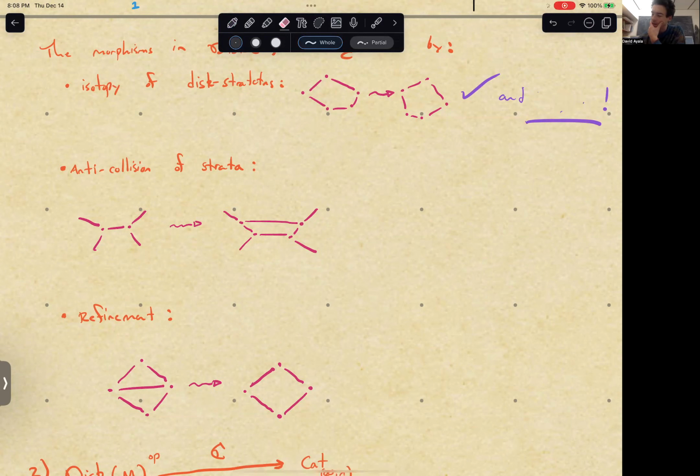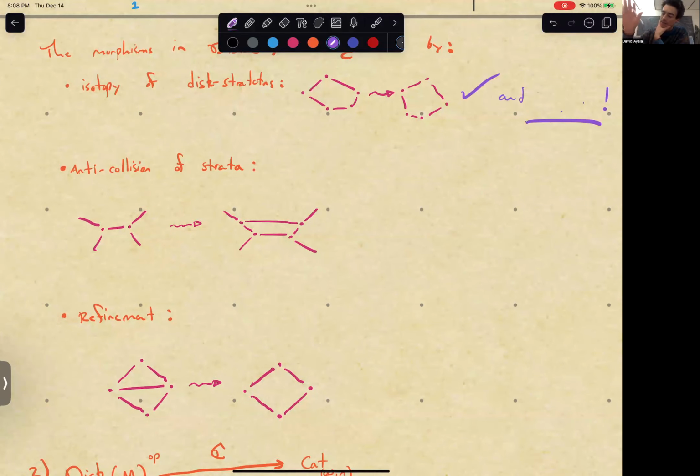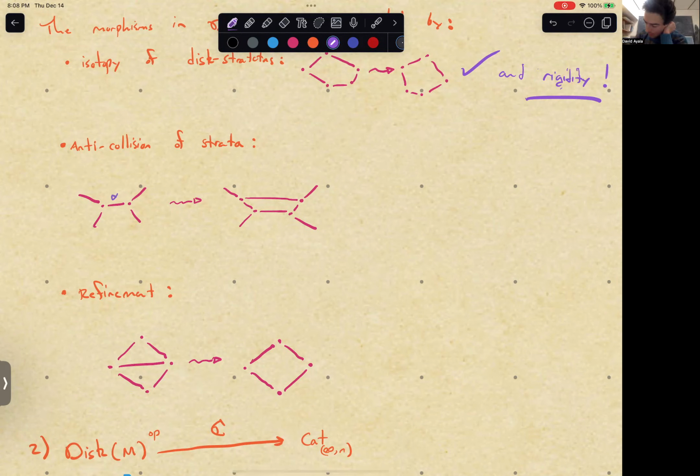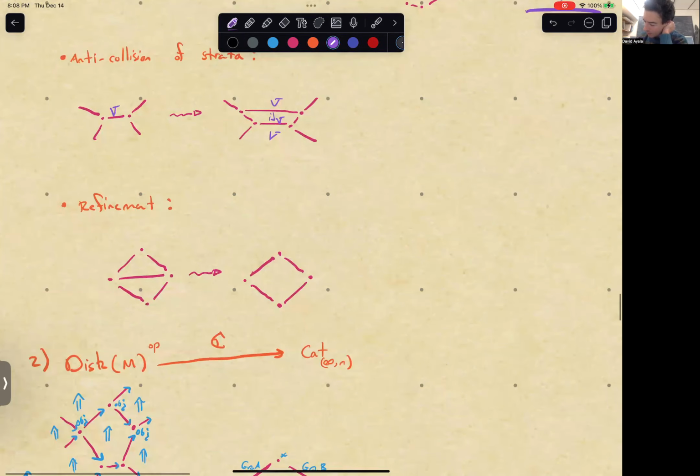I was just commenting here that the isotopies, that watch sticks rotate around. Right. Okay, use the rigidity. Yeah. And now the anti-collisions correspond to just duplication of units. So if I happen to label this. Oh, I see. Okay, I got you. Yeah, the duplicates of units. That's fine. I thought it needs some kind of a co-product. Oh, okay. No, right. And then this has to do with composition. So if you're given a refinement, it's just doing composition. Yes. Okay, no problem. Yeah, that's exactly right.